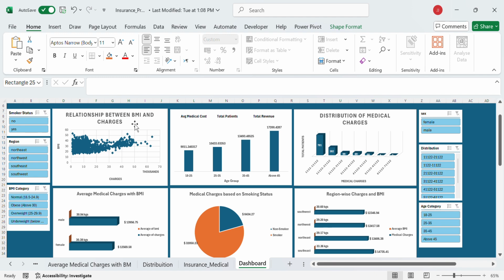Here we can see evidently that from 0 to 20 thousand of the charges, BMI accounts to 15 to 40 approximately, which means that within this percentile of average there are huge growths. So people with a BMI of around 30 to 35 are giving more income to the hospital, and their charges are getting paid as well.